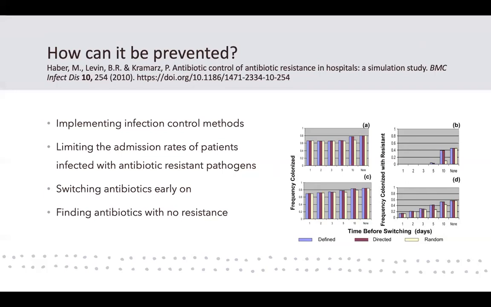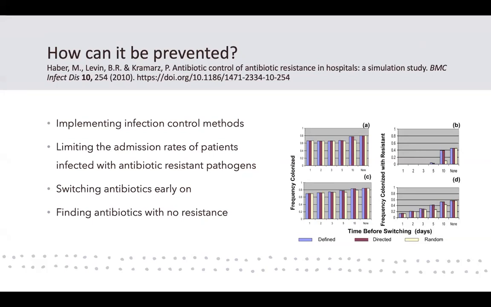What they found was that switching antibiotics early on was one of the most effective ways of treating these pathogens that were resistant to certain types of antibiotics. You can see in the two graphs to the right of this figure the frequency of colonies with resistant bacteria.